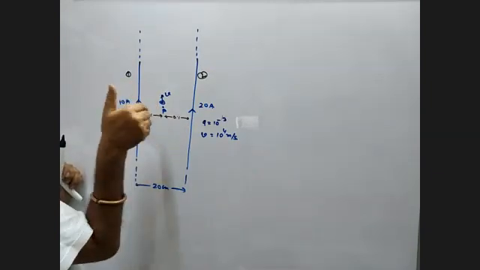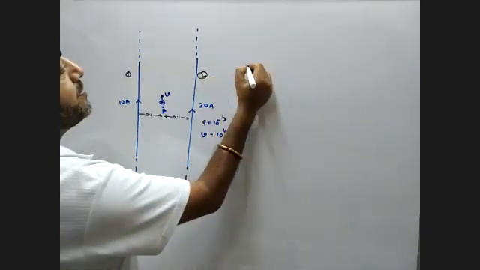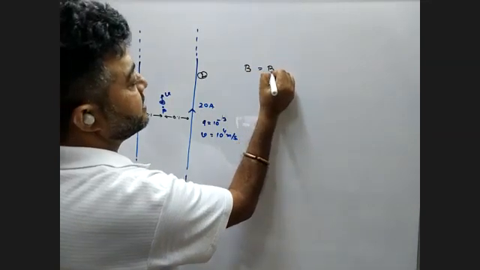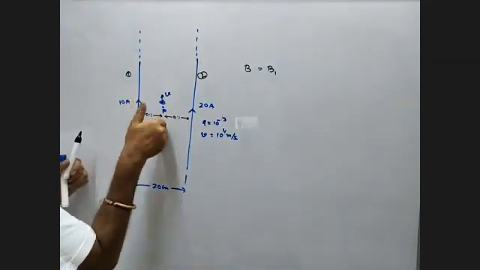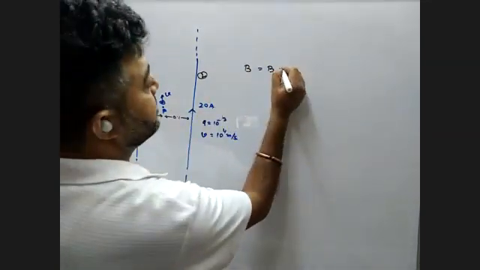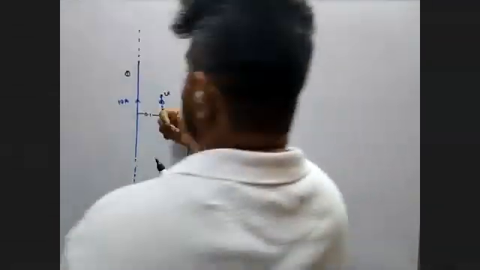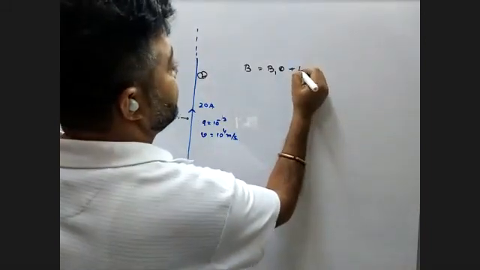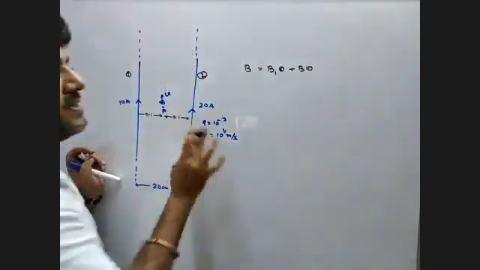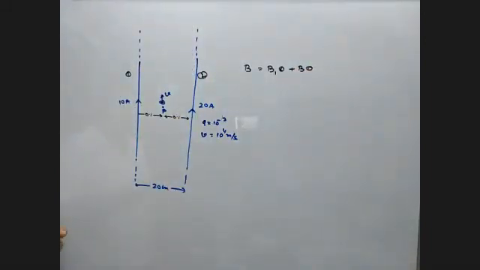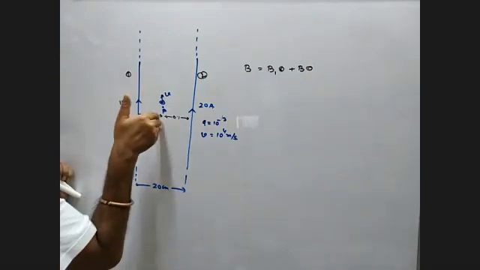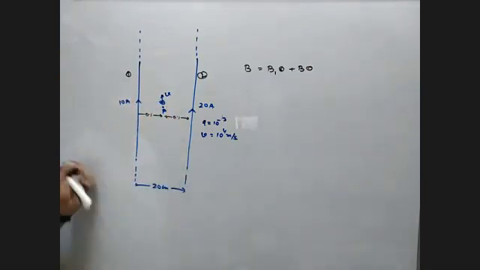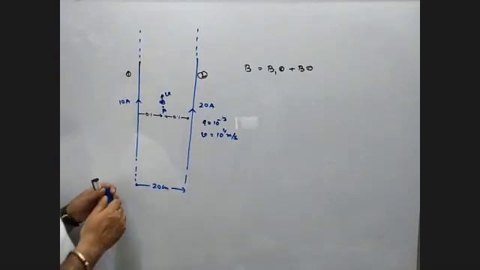B1 is clearly cross, B2 is clearly dot. Is it clear, everyone? At P, cross and dot, yes or no? Yes, sir.